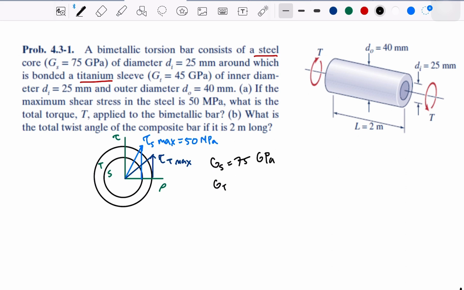G titanium is 45 GPa, and then D, or maybe R, let me write R. R steel is 25 divided by 2, which is 12.5 millimeter, and titanium is 40 divided by 2, which is 20 millimeter.